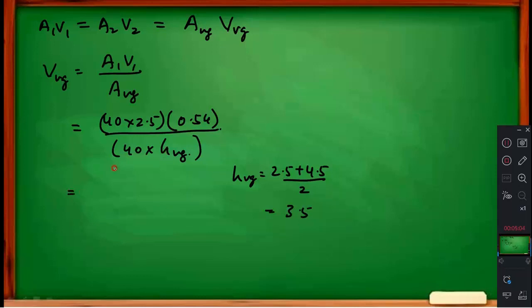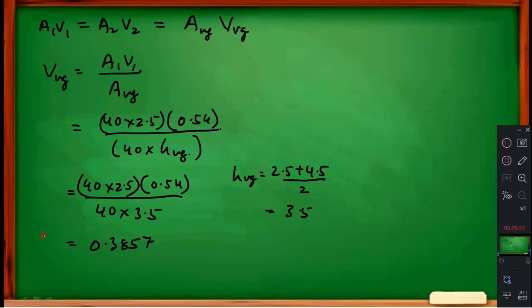Then the answer will be 40 into 2.5 into 0.54 divided by 40 into 3.5. 40 cancels, so 2.5 into 0.54 divided by 3.5. The answer is 0.3857. Okay, I got V average.